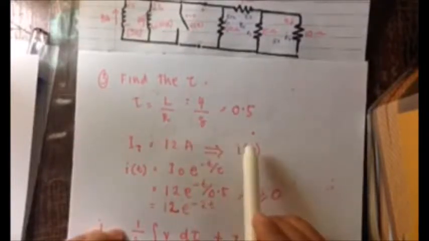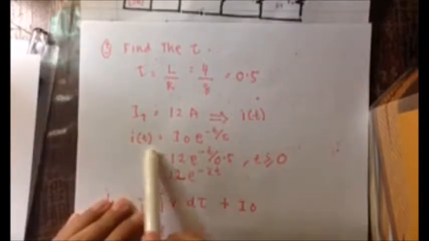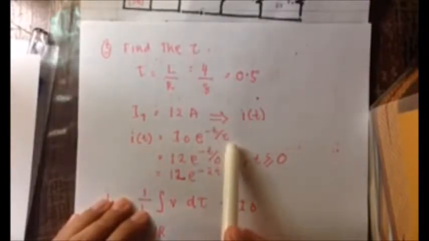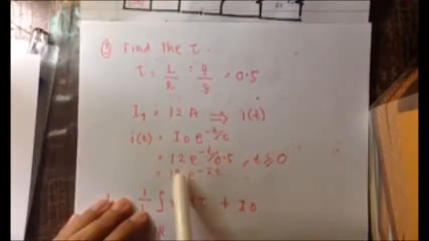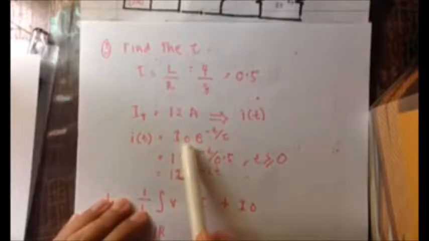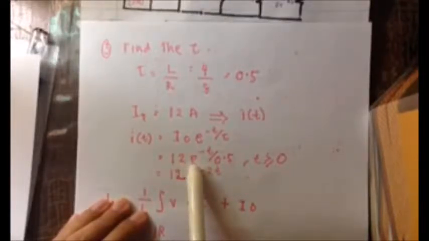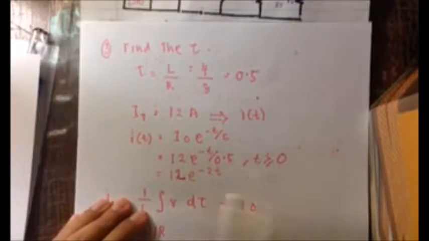The current IT is equal to I0 e to the power of negative t over tau. Including the values, I0 is 12 and tau is 0.5, so the final answer is 12 e^(-2t).